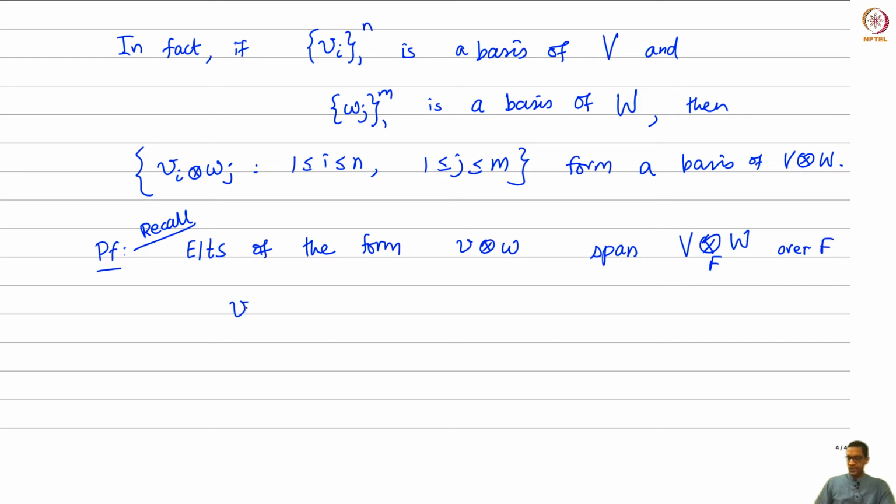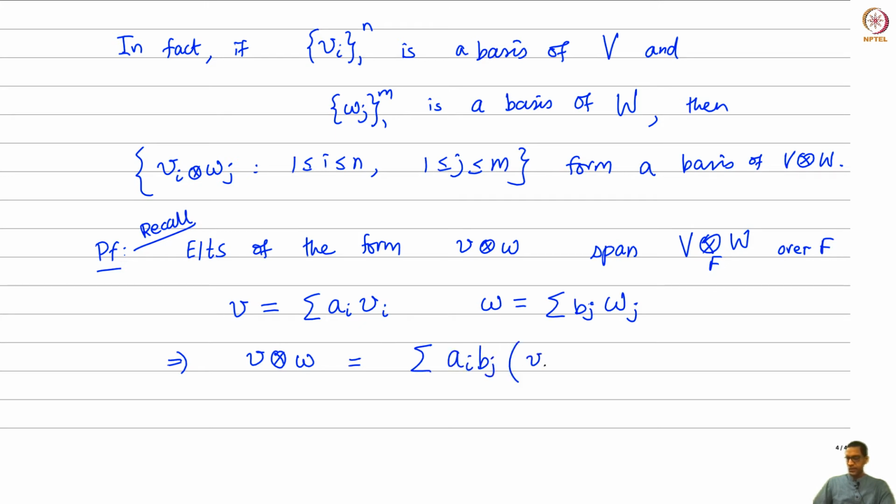Now, any such element can be rewritten as follows. If I write V as a linear combination of the Vi's and W as a linear combination of the Wj's, then by the bilinearity of this tensor symbol, V tensor W will just become summation ai bj Vi tensor Wj. Okay, now this is i going from 1 to n, j going from 1 to m.